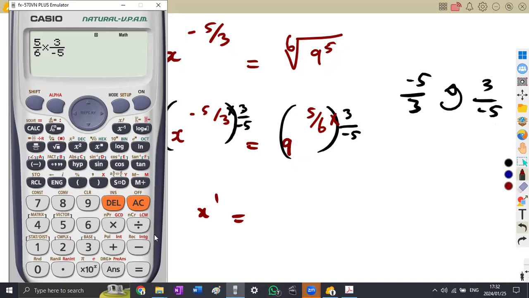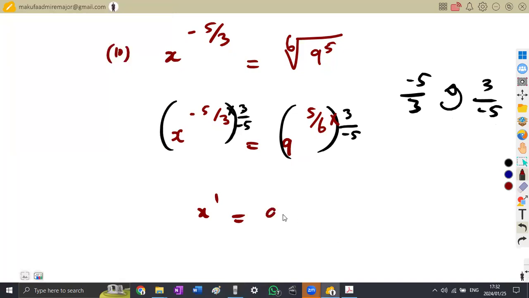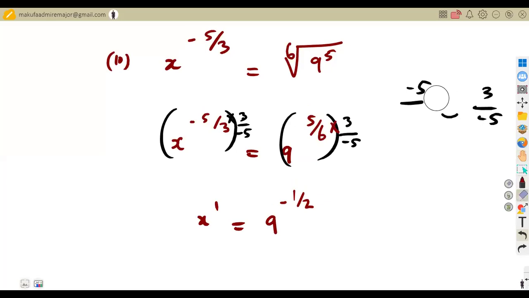What are we going to get? -1/2. All right, so this is 9 to the exponent of -1/2. This is where the two solutions will come from. No problem, you will see them. How are we going to have the two solutions at the end? Because in all of these questions, you are supposed to get two solutions.